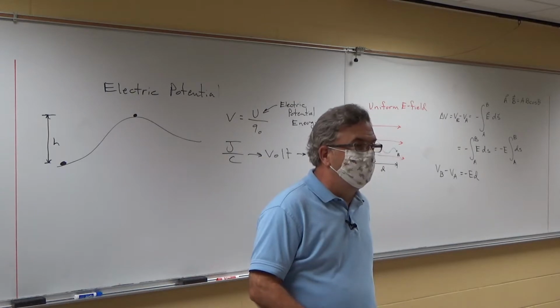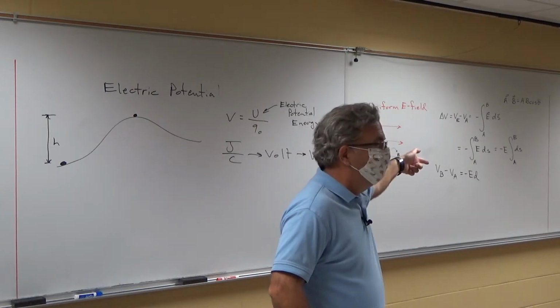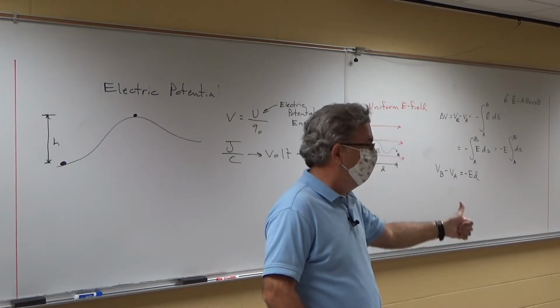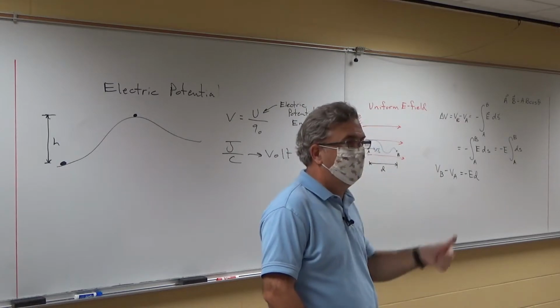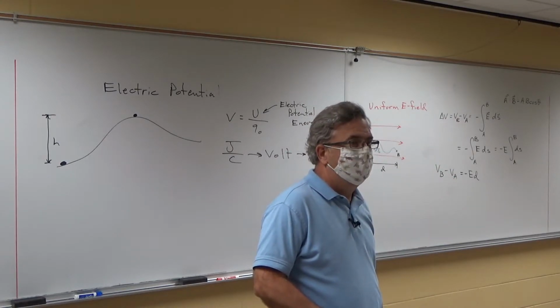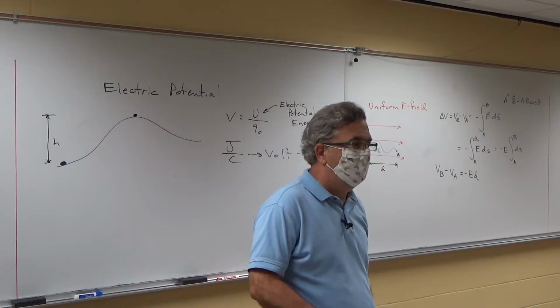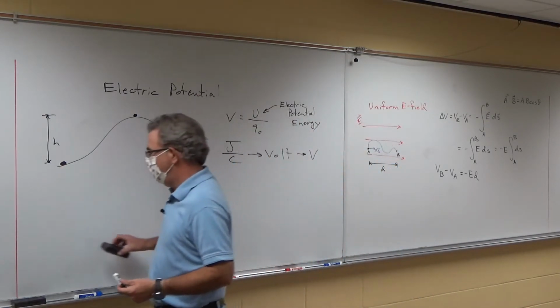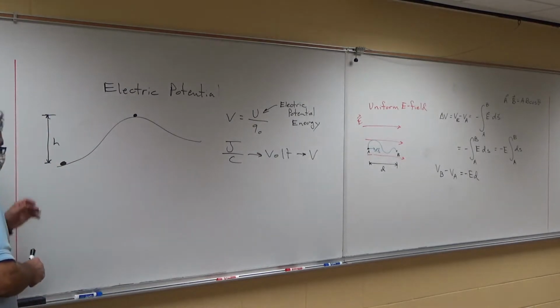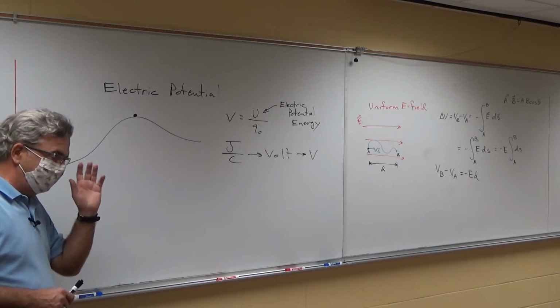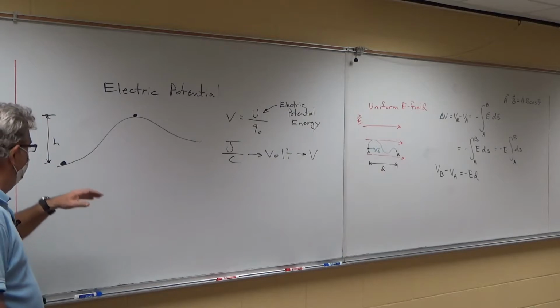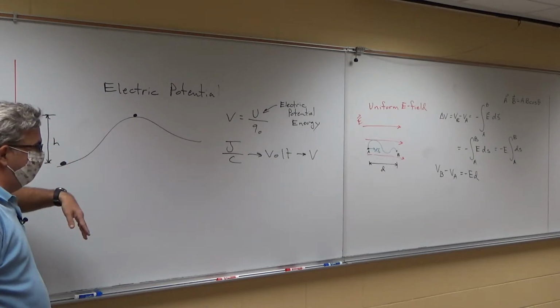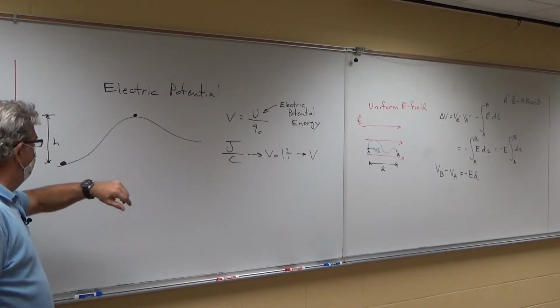What I want you to remember is, if you're moving with the lines, you're going down in potential. If you're moving against the lines, you're going up. It's the same as over here. I'm going to talk about the difference between this gravitational idea and the electric idea.